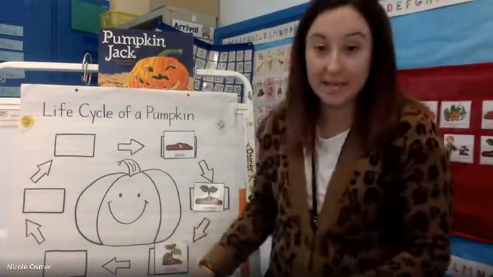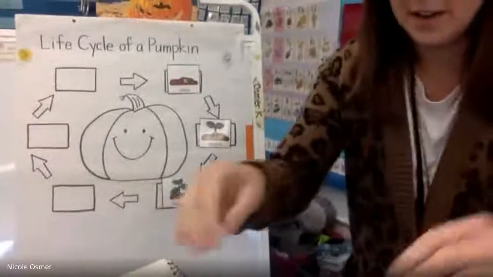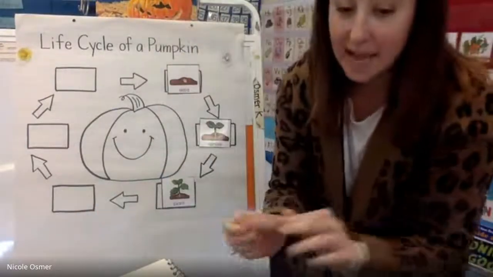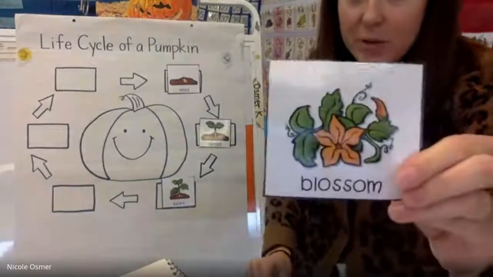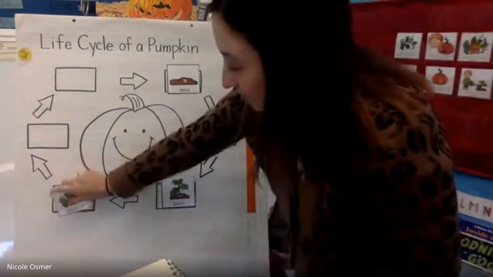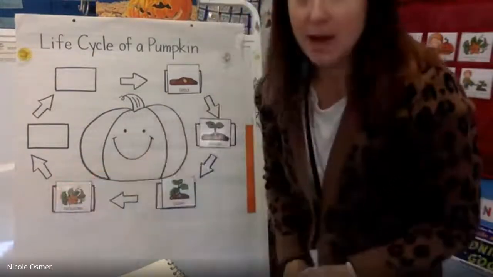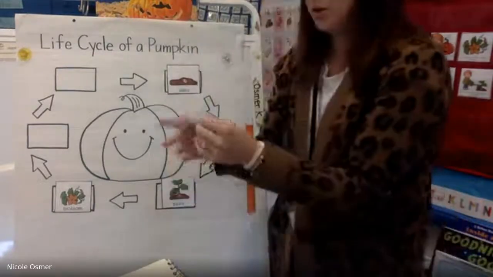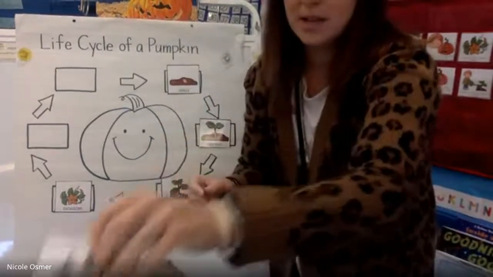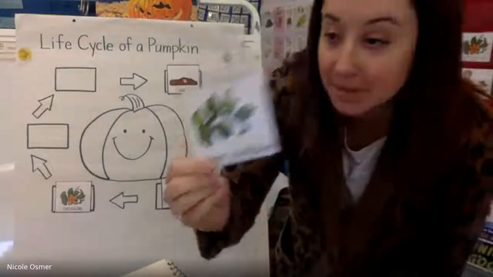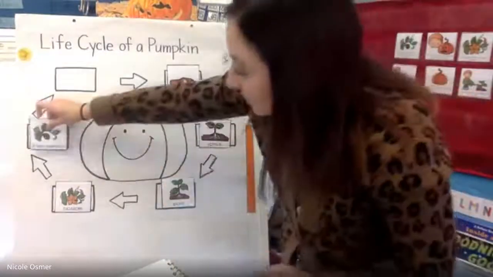Seed, sprout, plant. Oops, there you go. Now you can see it. After the plant grows, do you remember what comes next? It's a little yellow and orange blossom or flower. We read flower, some say blossom. And after the blossom appears, you see the tiny green pumpkins start to grow right there in its spot.